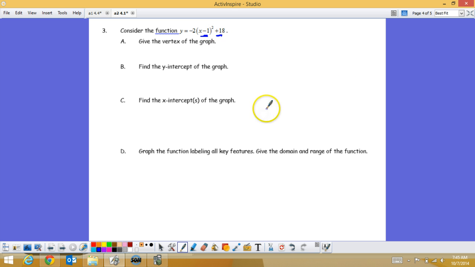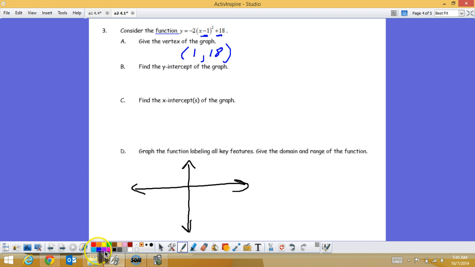So the vertex becomes the point 1, 18. Okay? So that is where the vertex is. So I'm going to go ahead and plot that point here.